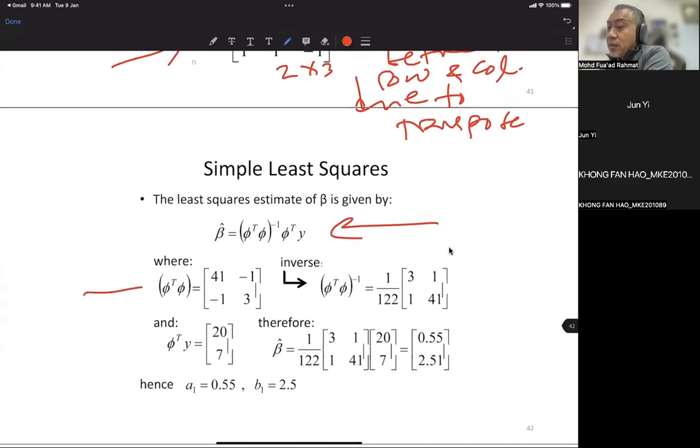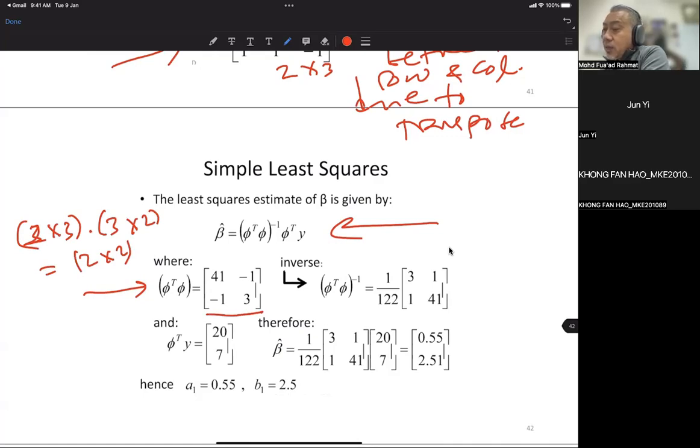So multiply the psi transpose and psi. So psi transpose is 2 multiplied by 3, multiplied by psi, 3 multiplied by 2. So you will get a 2 by 2 matrix, which is this one. And then find the inverse manually.